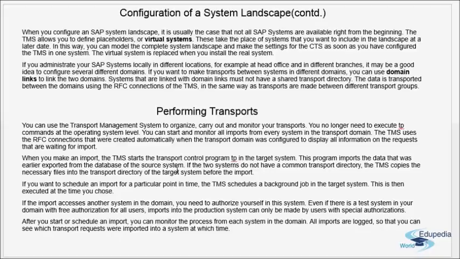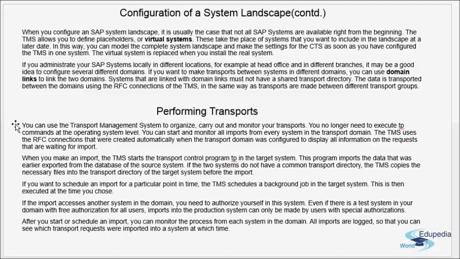You can import from the SAP system also, and when you do, it invokes the TP commands at the operating system level. We will learn more about the transactions and TP commands in a different video, so don't worry about it as of now. Whenever you do an import, a TP command is invoked in the target system.